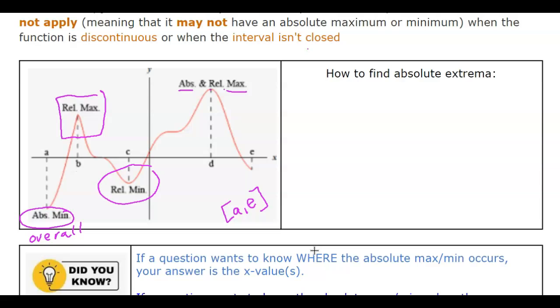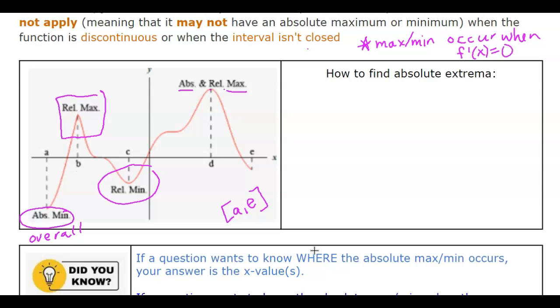And we can identify other things. If we want to find the absolute extrema, first we would be given a function. Remember that your max and min can only occur when you have a horizontal tangent line, so when your derivative equals 0.